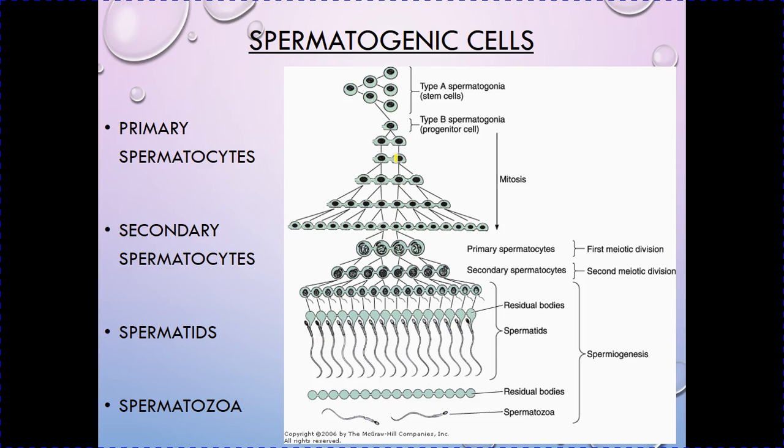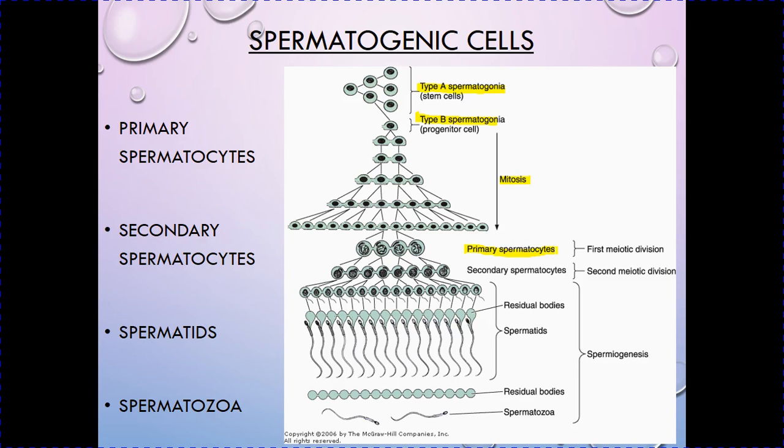This is a series of division, the various stages of the spermatogenic cells. Type A spermatogonia, the stem cells, divide to form type B spermatogonia. The type B spermatogonia undergo mitosis and form primary spermatocytes.